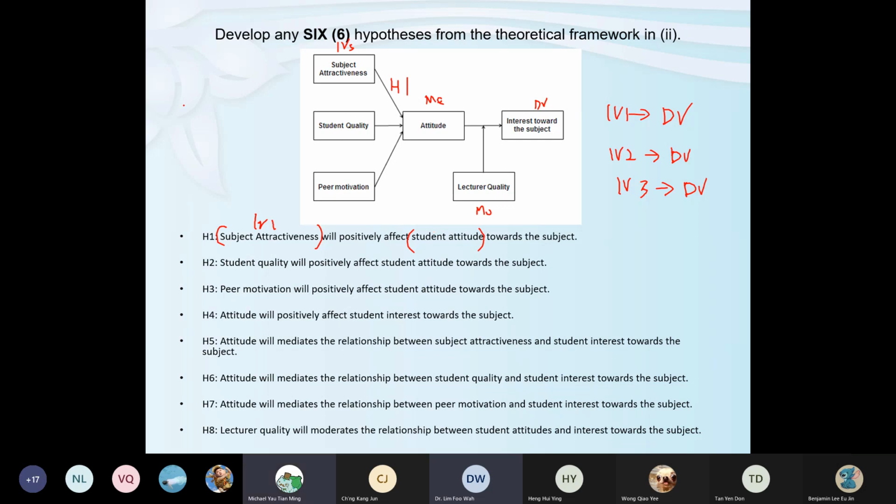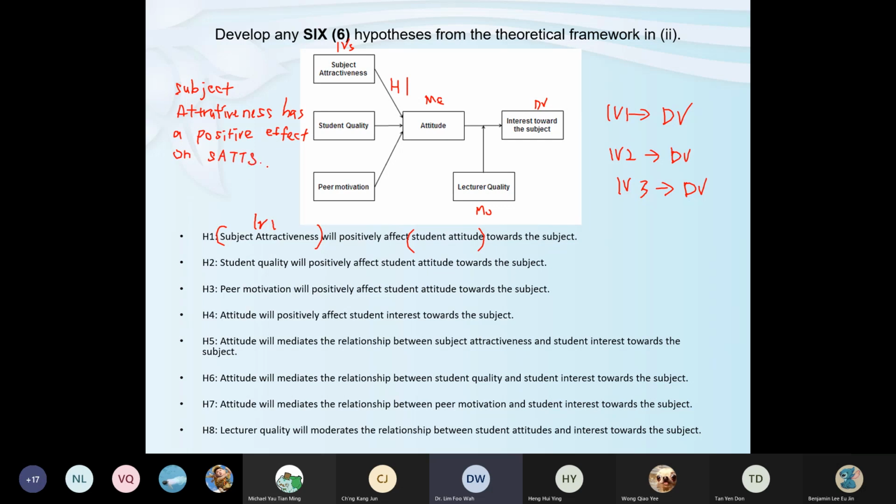For example, you can write: subject attractiveness has a positive effect on student attitude toward the subject.